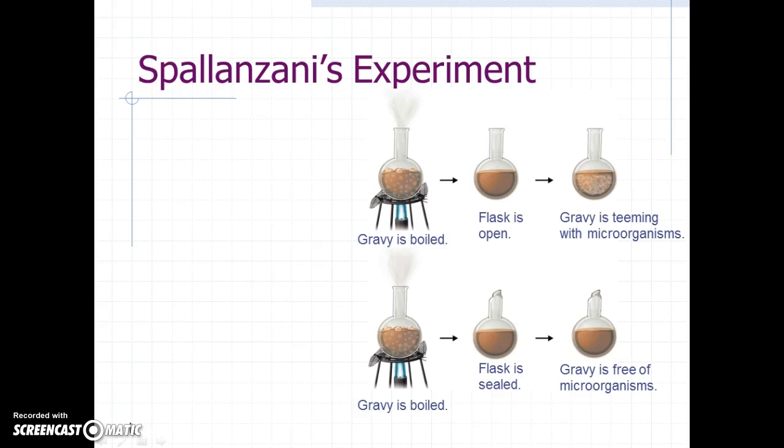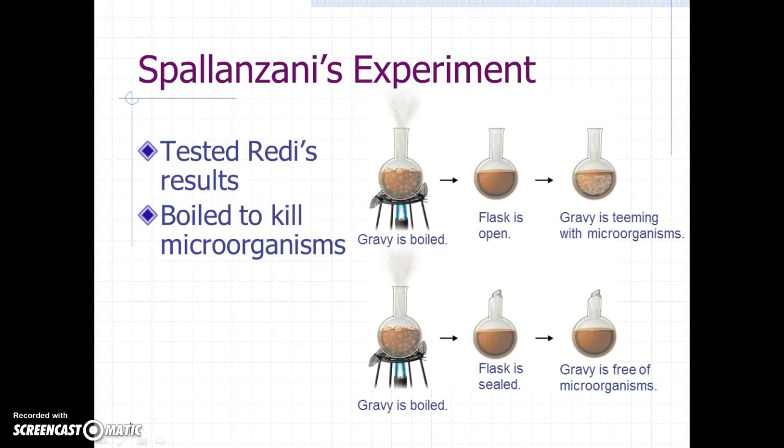Another person named Spallanzani wanted to test a similar proposal on spontaneous generation because, of course, one experiment proves nothing. You must have thousands of experiments in order to disprove a theory. So he tested Redi's results, and what he did is he had a flask of gravy that he boiled to kill anything in it.